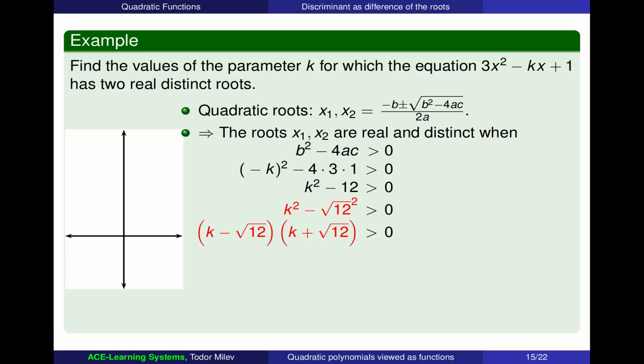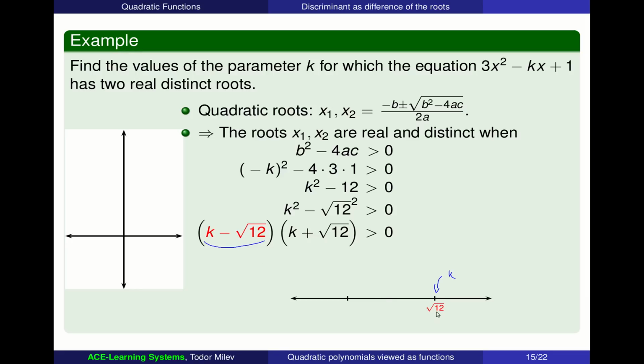Now this is a factored quadratic, and when you have a factored quadratic, there's an immediate way to solve the inequality obtained by setting that factored expression greater than 0. So we look at the zeros of this expression. k minus radical of 12: when k equals radical of 12, that expression becomes 0.